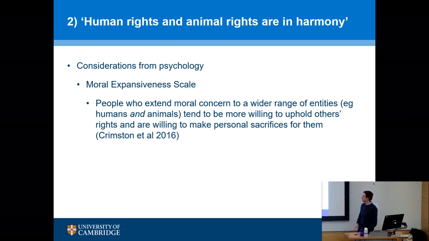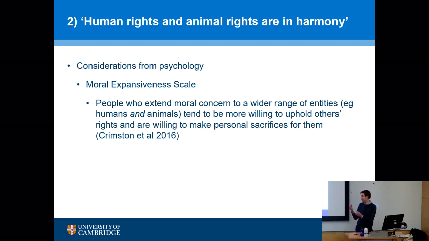And it turns out, again, unsurprisingly I think, that humans who extend their moral concern to animals, perhaps if they're vegan or if they donate to animal charities, are also, statistically speaking, more likely to show moral concern toward human outgroups, right?